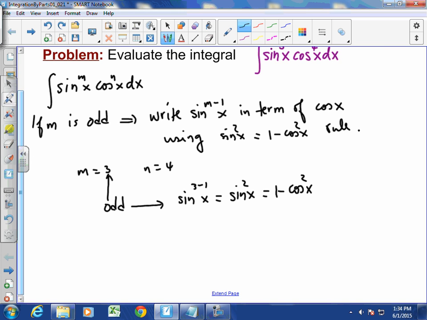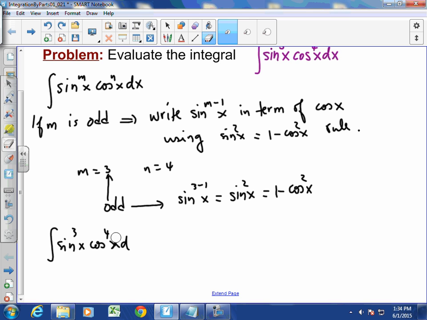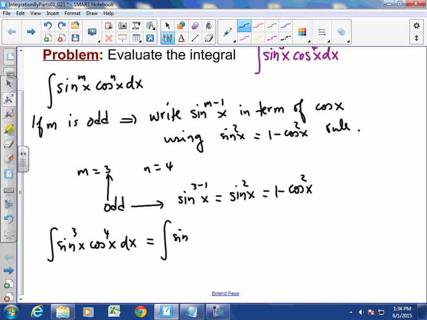So integral of sine cube x cosine to the fourth x dx is equal to integral of sine x times sine square x cosine to the fourth x dx.